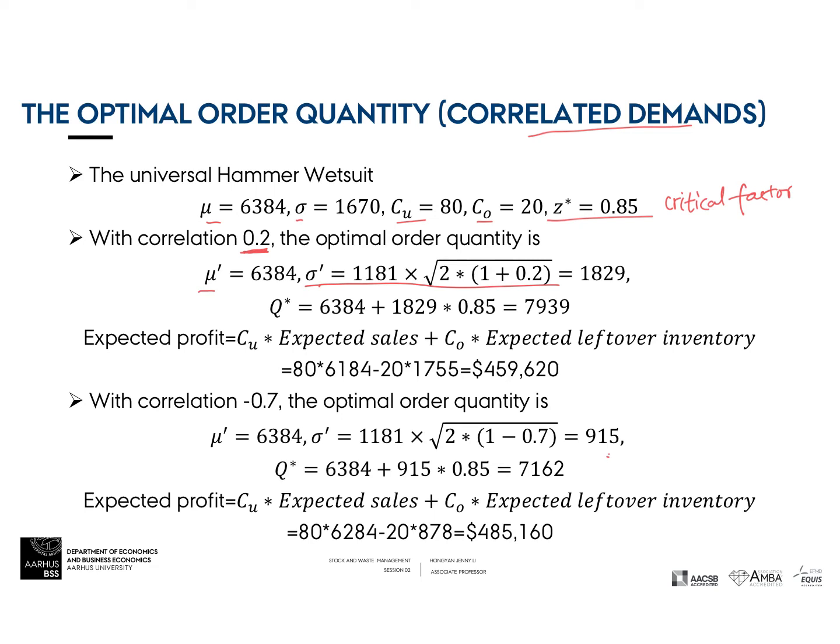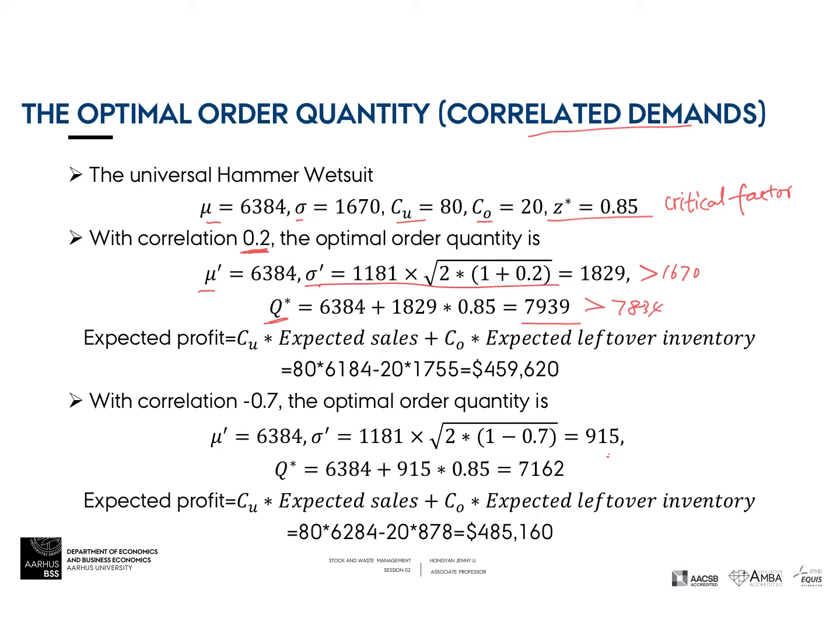Now you can see the positive correlation leads to a higher standard deviation, which is greater than the previous 1670. But we can still use this number to calculate the order quantity, which is 7,939, also greater than the previous 7,834 or something.